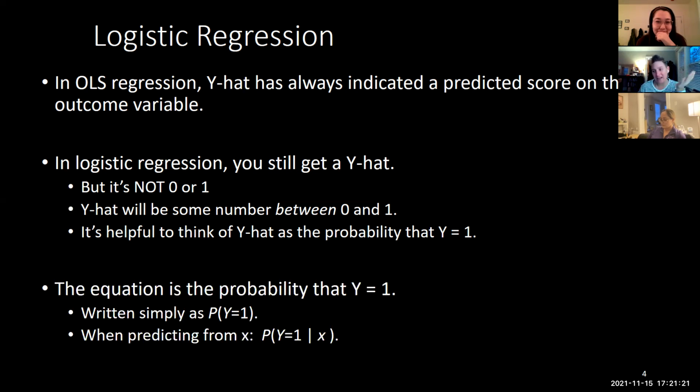All right, so it's the equation that you're going to look at. The equation is the probability that y equals 1. And it's written like this, which you may remember from intro stats. Probability y equals 1. And when you're predicting it from an x, it's the probability y equals 1 given x. That's what this little pipe guy means, given.